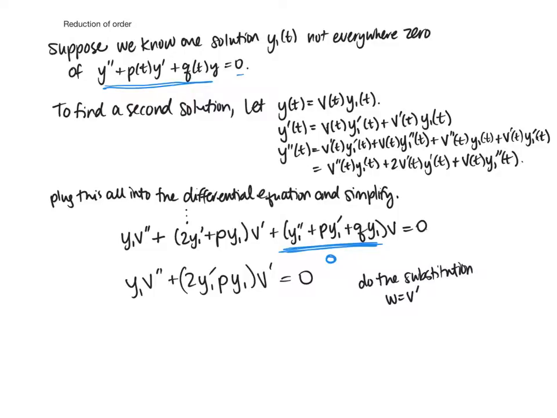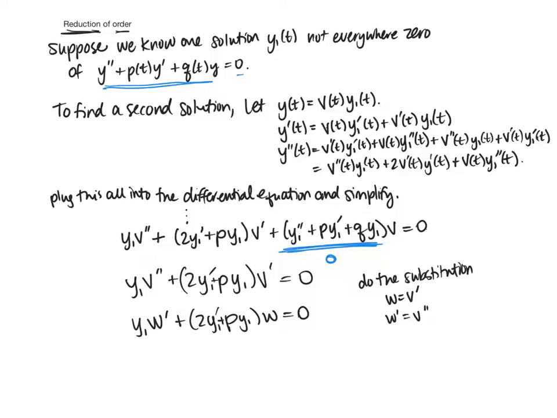That means that w prime is equal to v double prime, so I get y1 w prime plus 2y1 prime plus p y1, w, equals 0. So look at that. Now, that's not a second order differential equation anymore. It's a first order differential equation. In other words, I reduced the order from a second order differential equation to a first order differential equation.